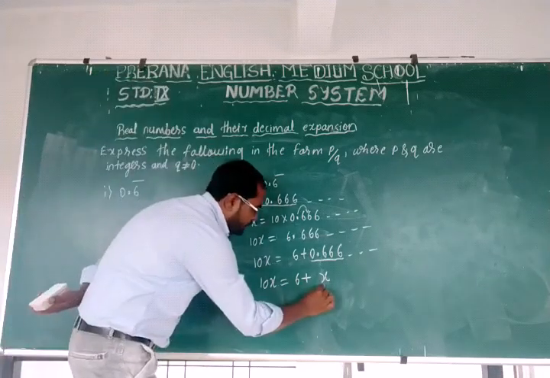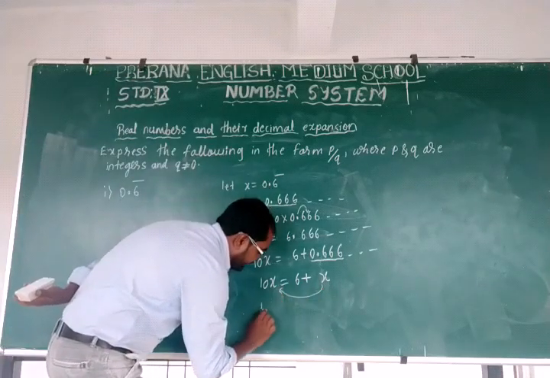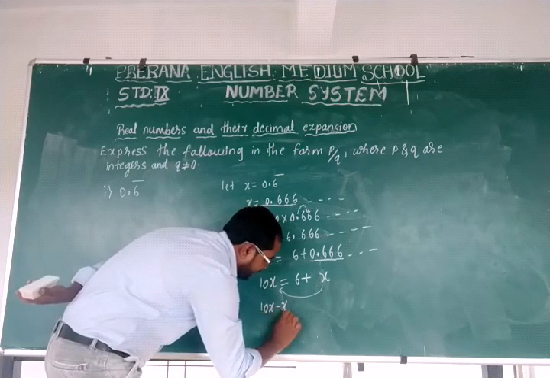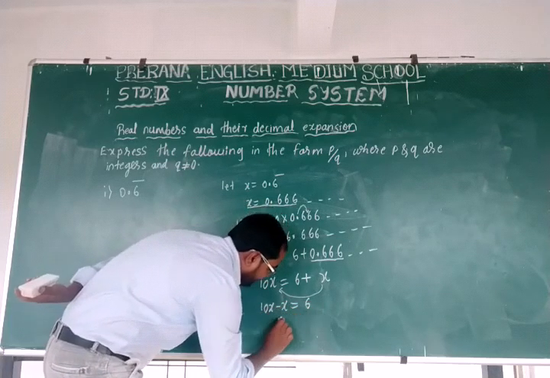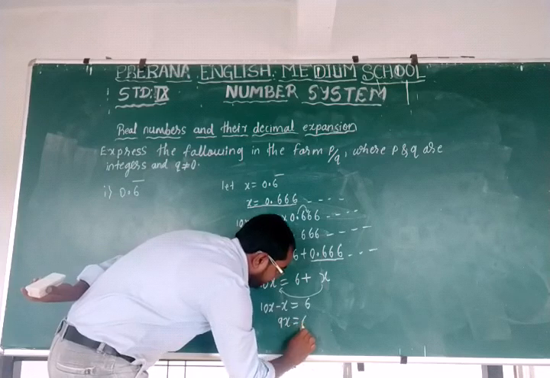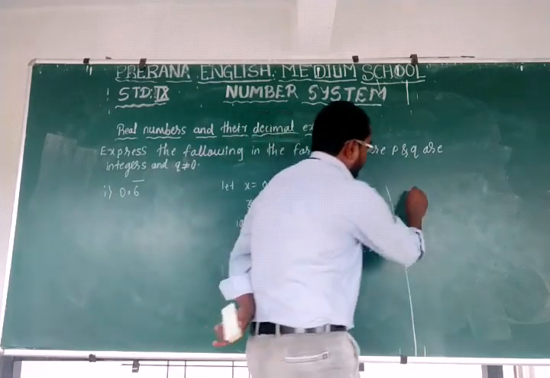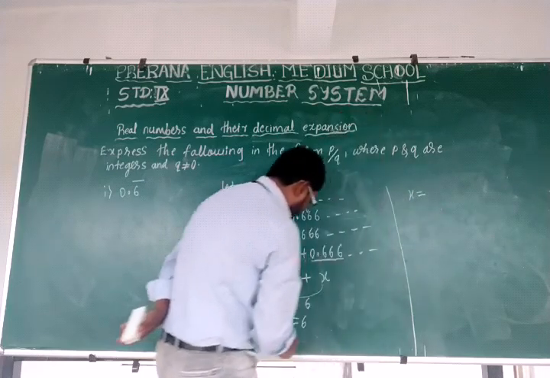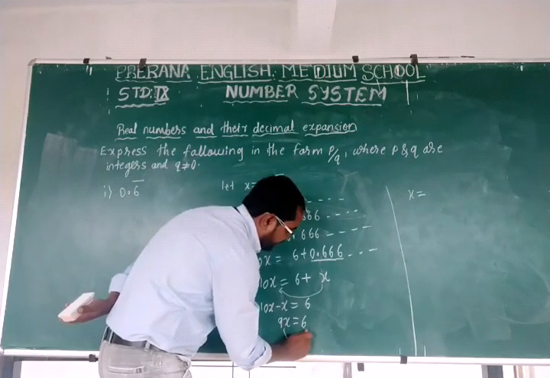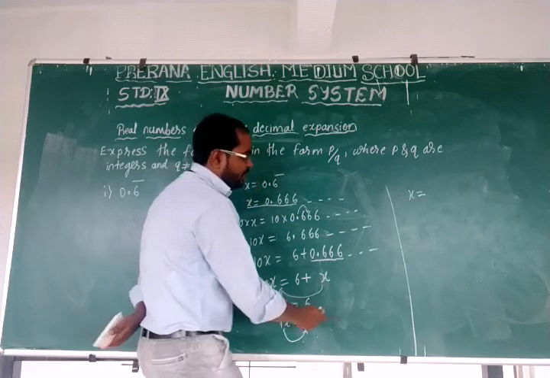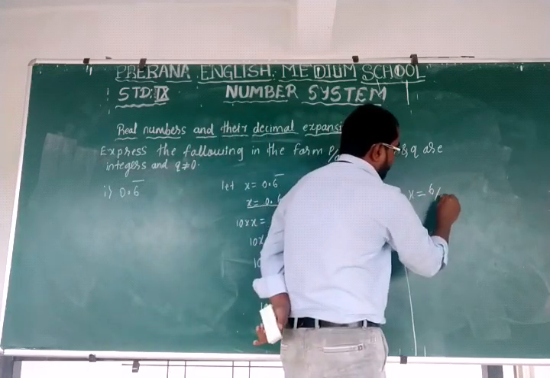Now shift x to the left hand side. That is 10x minus x is equal to 6. That will become 9x is equal to 6. When 9x is equal to 6, let x be there only and we'll shift 9 to the right hand side. Here it is multiplication, so it will become a division, 6 by 9.